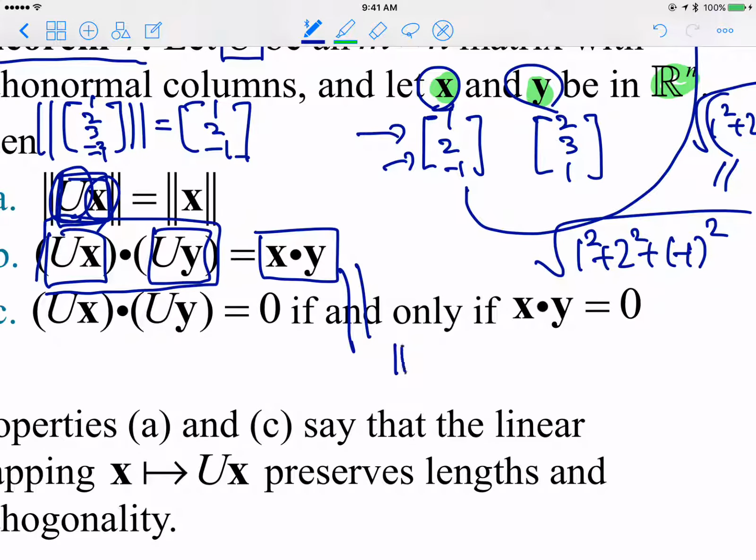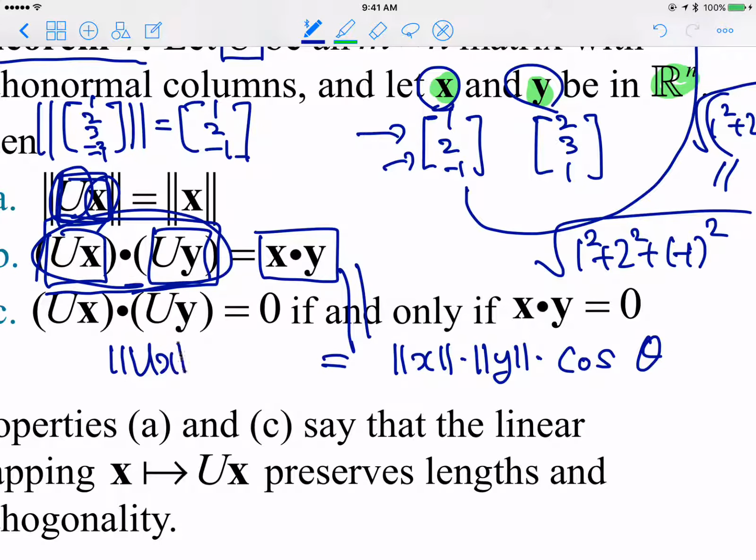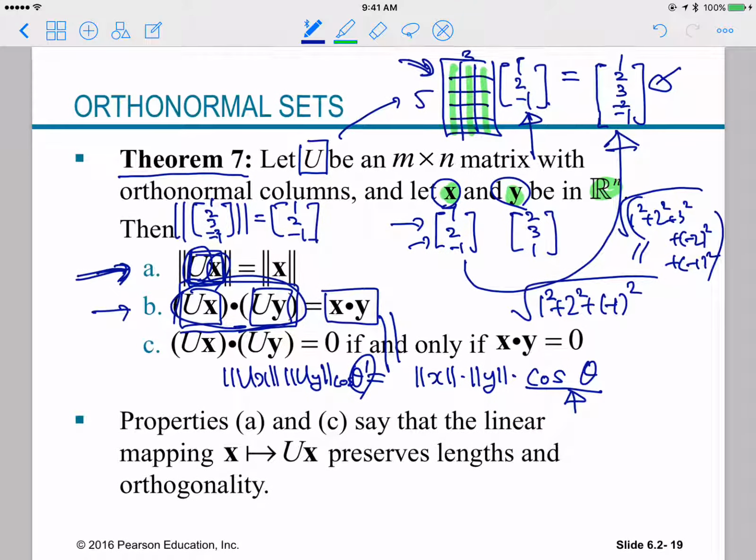The inner product can be represented as the length of x times the length of y times cosine theta, where theta is the angle between the two vectors x and y. And this one is the length of Ux times the length of Uy times cosine theta prime. So theta prime is the angle between the new five-dimensional vectors Ux and Uy, and theta is the original angle between these two vectors, right?